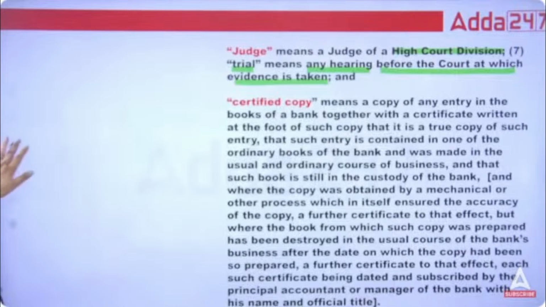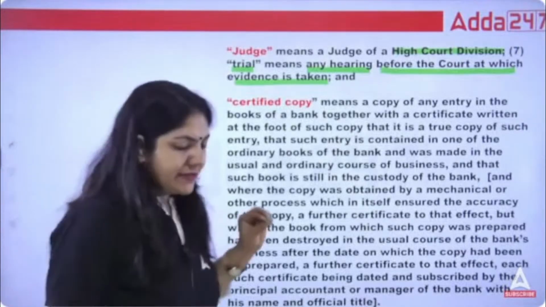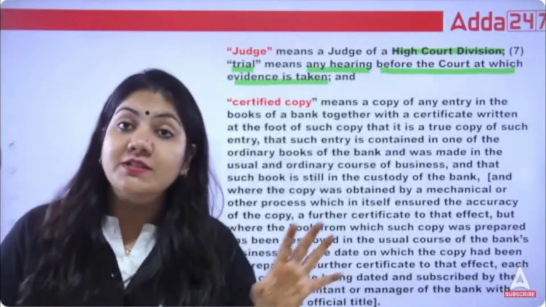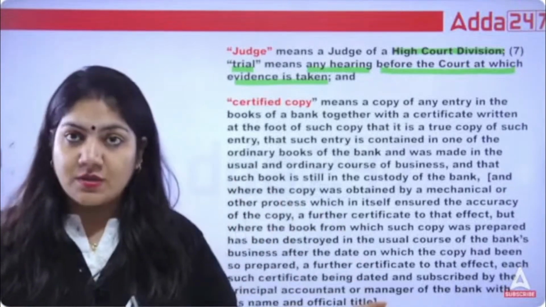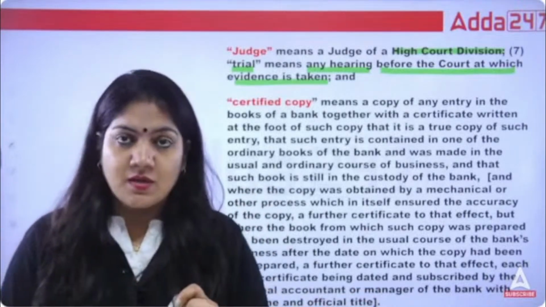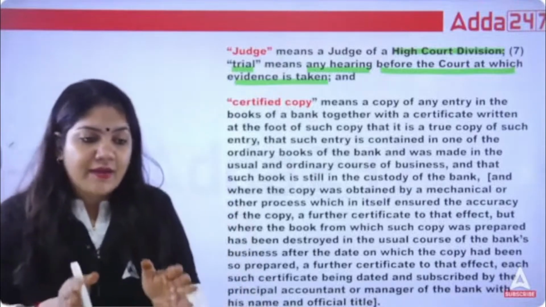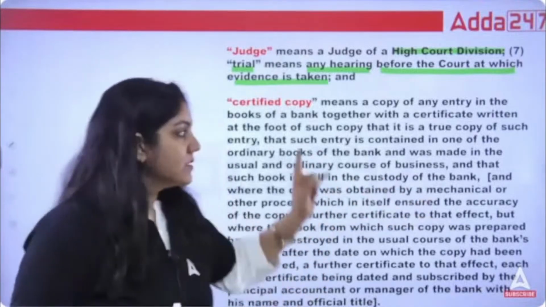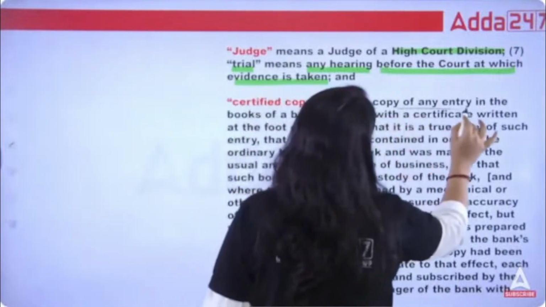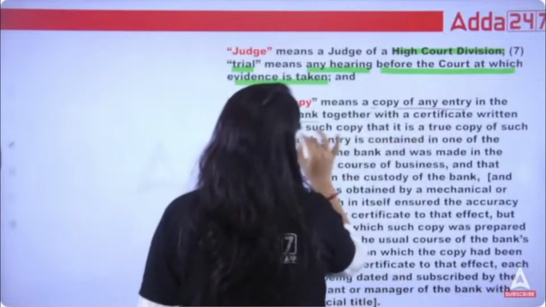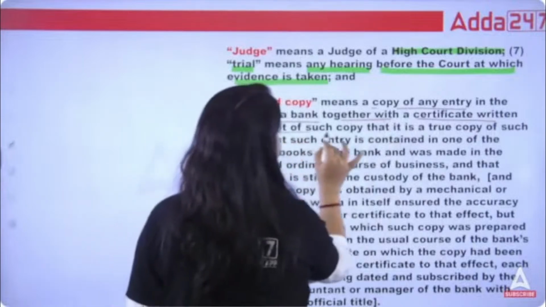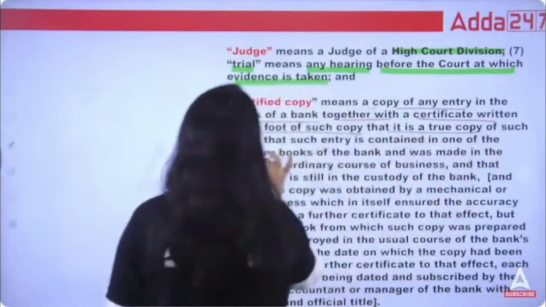Now, what is certified copy? See class, the bank has no right to give the original copy to the court. So what copy does the bank have to present? Certified copy. So what is certified copy? It means a copy of any entry in the books of the bank together with a certificate written at the foot of such copy that it is a true copy of such entry.